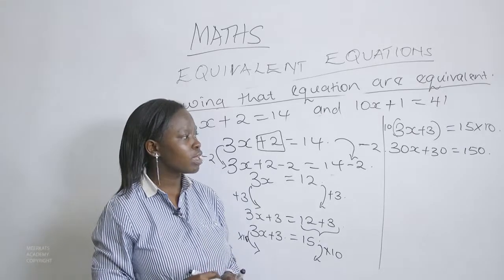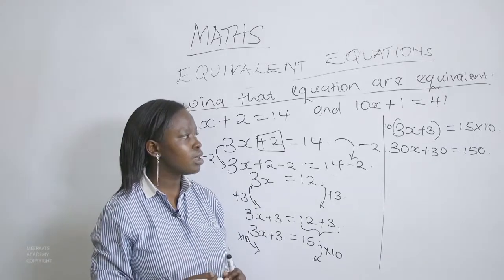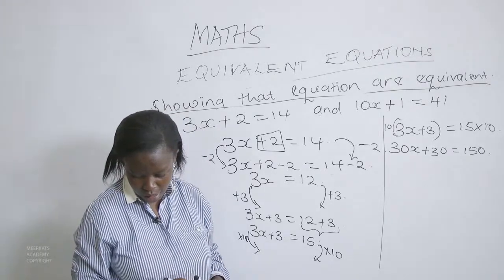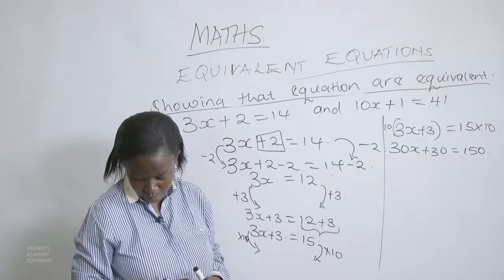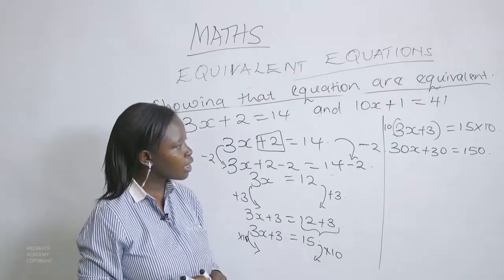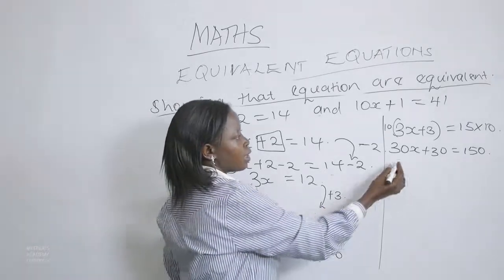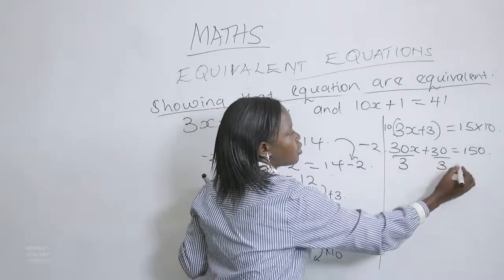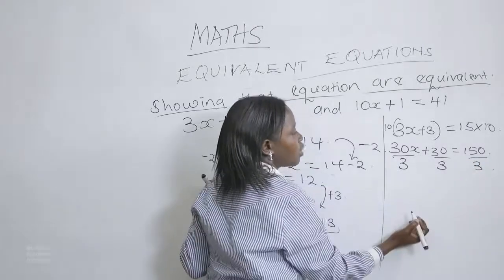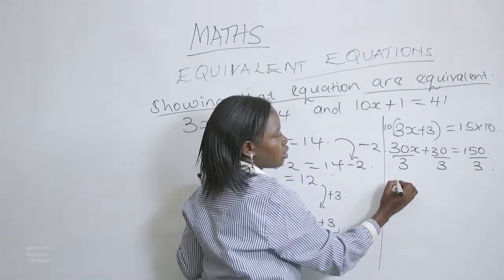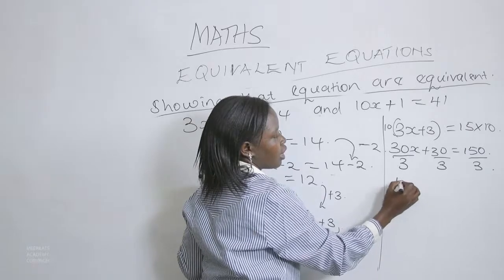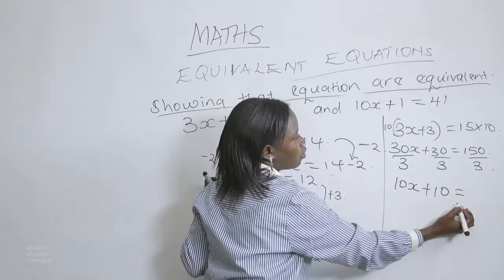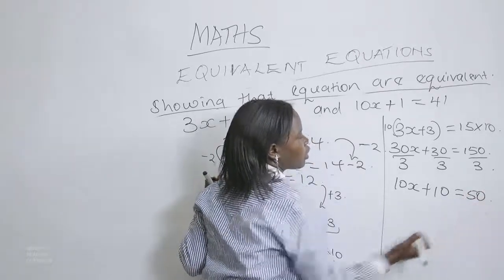So this means that if I divide this given equation through by 3, so I divide here by 3, divide by 3, divide by 3, then we are going to get 10x plus 10 is equal to 50.